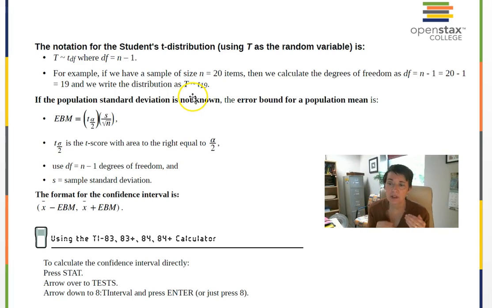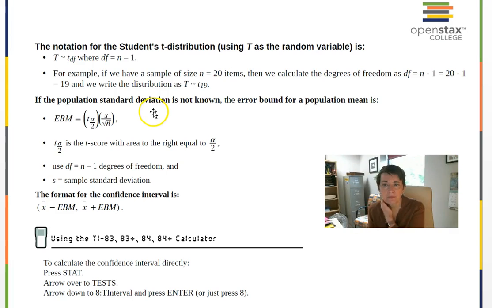That was looked up on a chart. I think we'll use the calculator mostly this term, but the degrees of freedom, meaning the sample size, is super important with talking about how far away things are from that mean. If we have a large sample size, then we can go ahead and probably use the z-score. But if we have smaller sample sizes, we need to use that t-score if we don't know the population standard deviation.